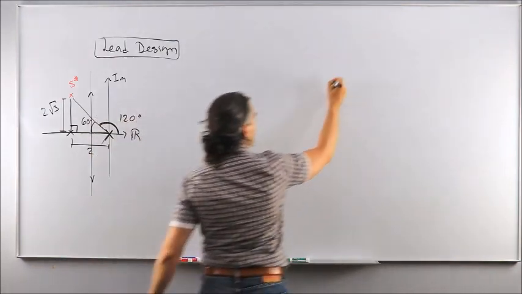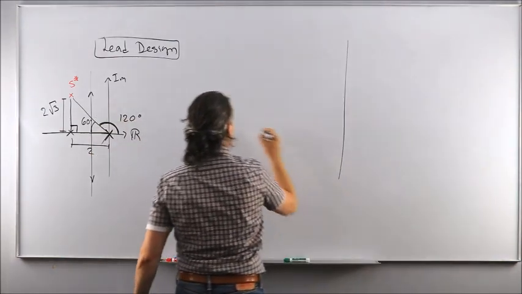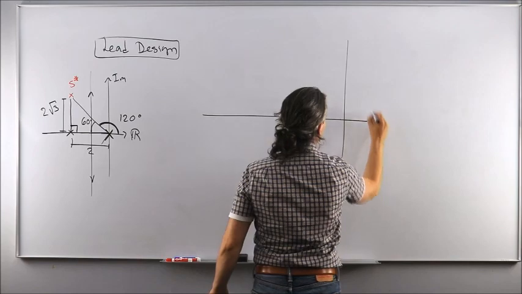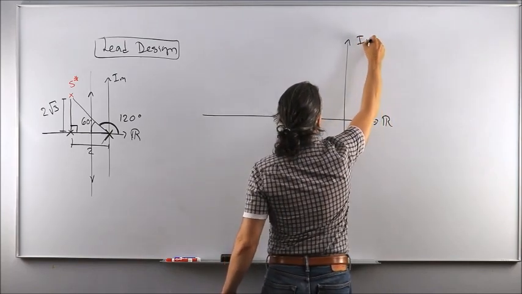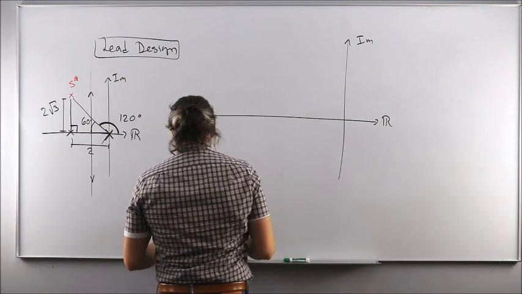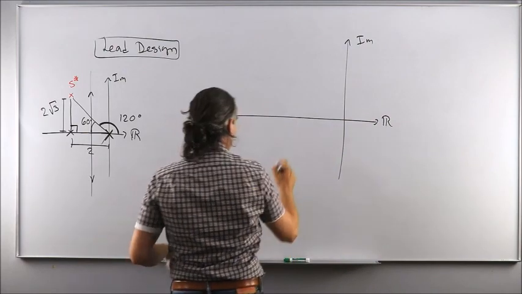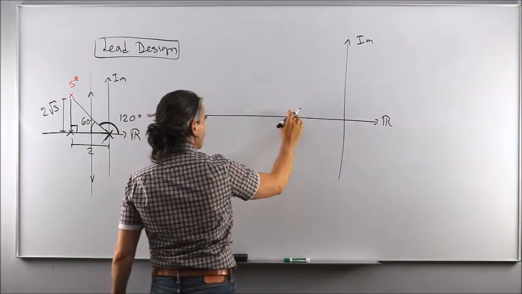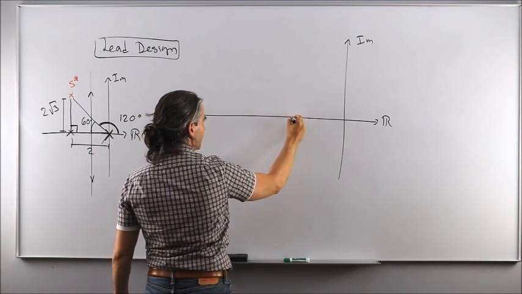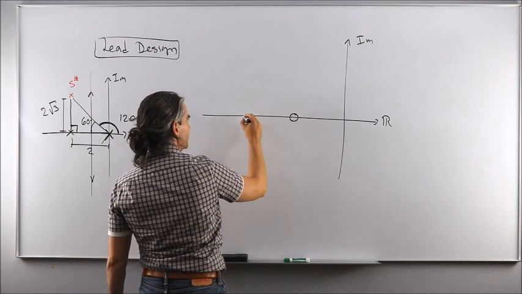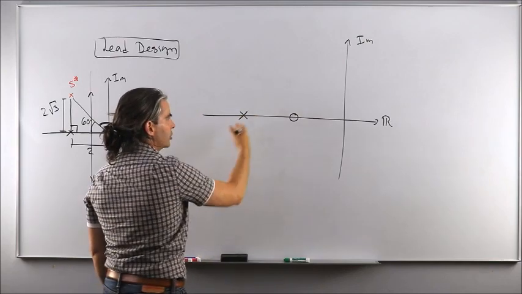So here's how it works. You draw, this is a graphical method, it relies on trigonometry, obviously. So you draw the contribution, or you draw whatever the compensator provides. We know that the lead compensator provides a zero and a pole, somewhere like that.